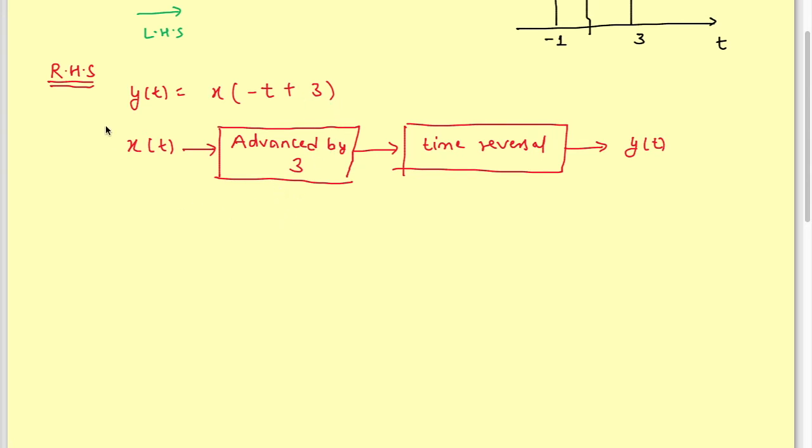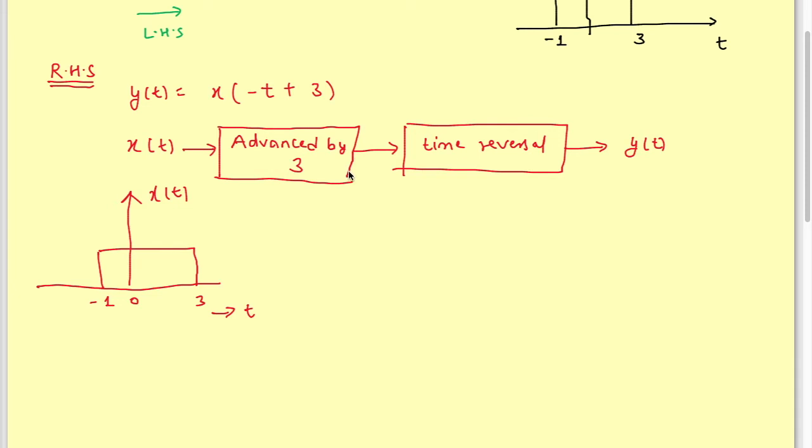So this is my signal x of t. It is from minus 1 to 3. This is x of t. This is time axis t.